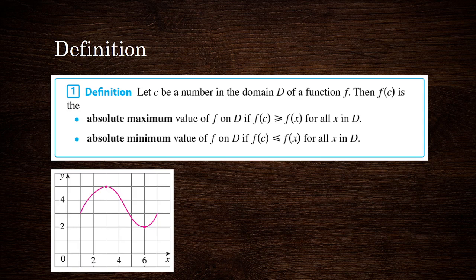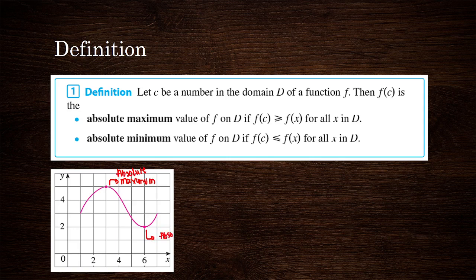There is a figure that you can see below. It has two dots, just to elaborate what the absolute maximum and the absolute minimum are. This one is what we call the absolute maximum, and what we have here in the lower part would be the absolute minimum.